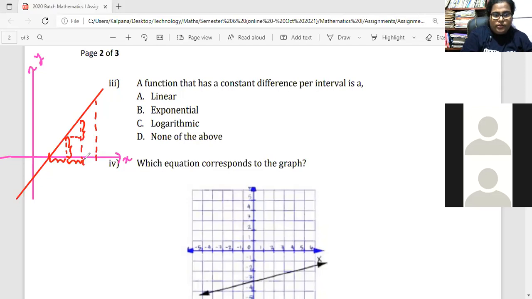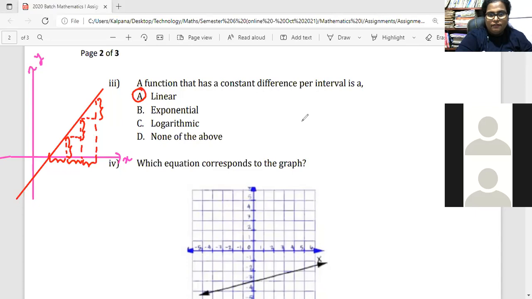And for this interval, you have a constant difference as well. So the answer for this one is linear graph, because per interval you have a constant y difference. Then we'll go for the next one.